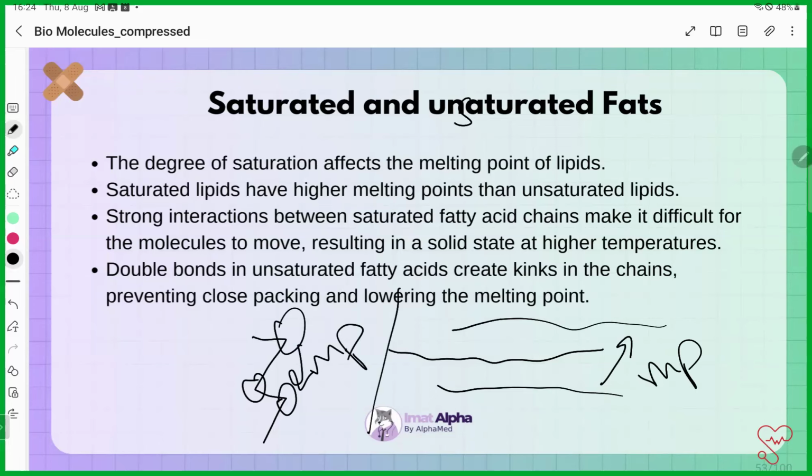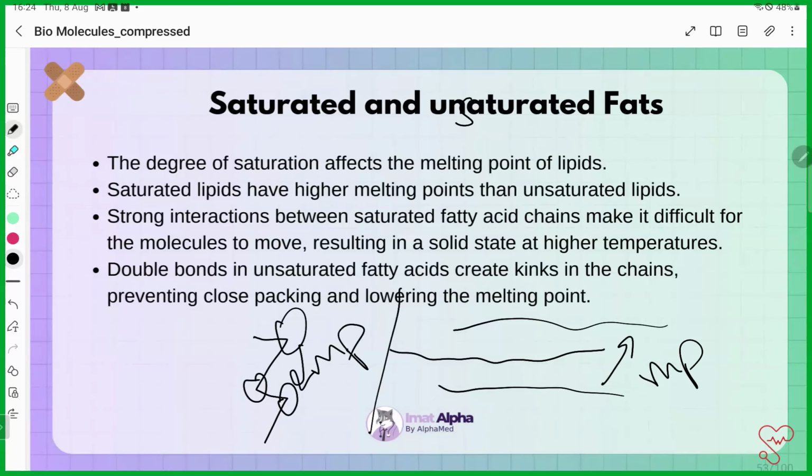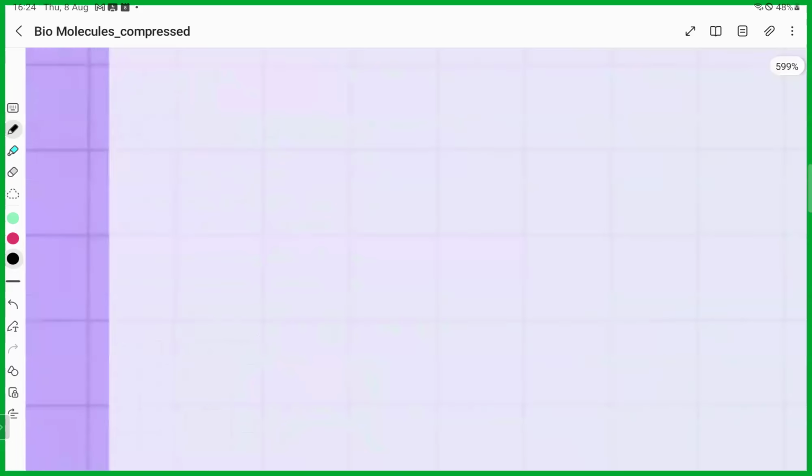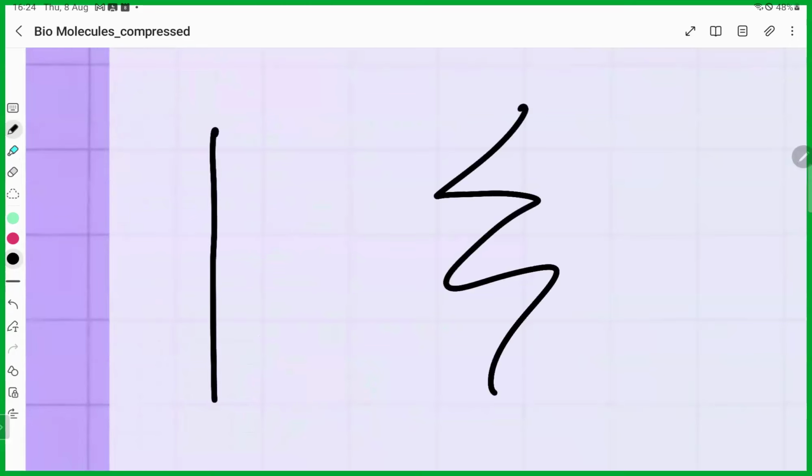I'm going to explain it in an easier way. If we have this chain and this chain, and we want to melt this kind of solid, you will find that this one is super easy to melt, and this one is much harder because we have the kink. Because of the kink, it needs more time to melt.